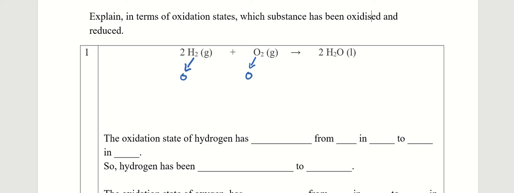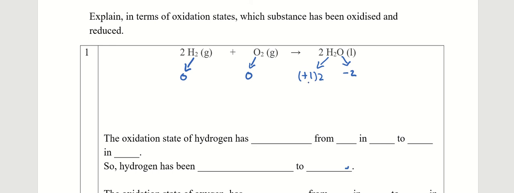Now hydrogen and oxygen don't usually change their oxidation states, so we can assign oxygen, typically in a compound, an oxidation state of -2, whereas hydrogen here would have an oxidation state of +1. However, since there are 2 hydrogens, we have to multiply it by 2.